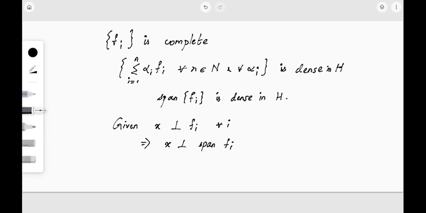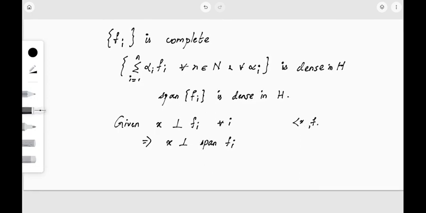See, if inner product x, F1 is equal to 0 and inner product x, F2 is again 0 because x is orthogonal to Fi for every i, then I can easily say that inner product x, F1 plus F2 is also 0.